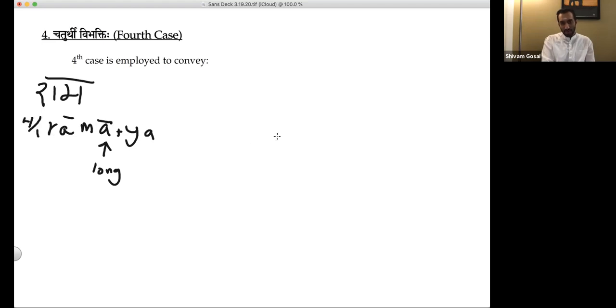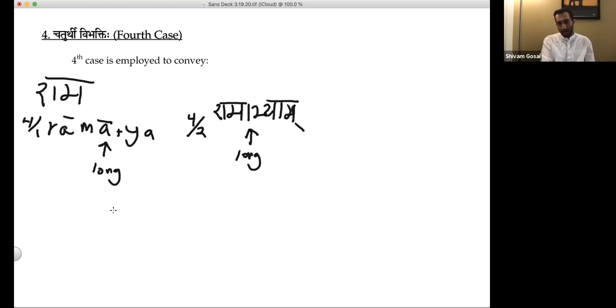The akara becomes long, and then we add yakara. The 4-2 is the same as 3-2. So that akara becomes long, and then we have Bhyam.